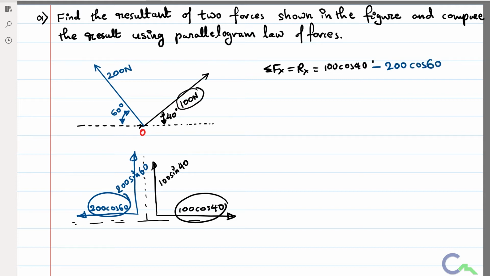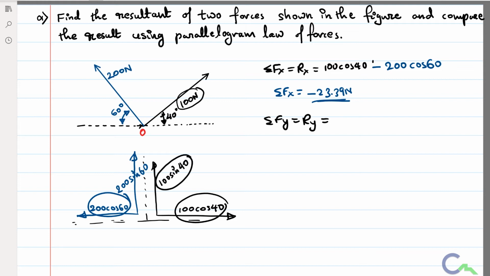Therefore the horizontal component of the resultant, sigma Fx, is equal to, if I do the calculation, 100 cos 40 minus 200 cos 60, we will get minus 23.39 Newton.